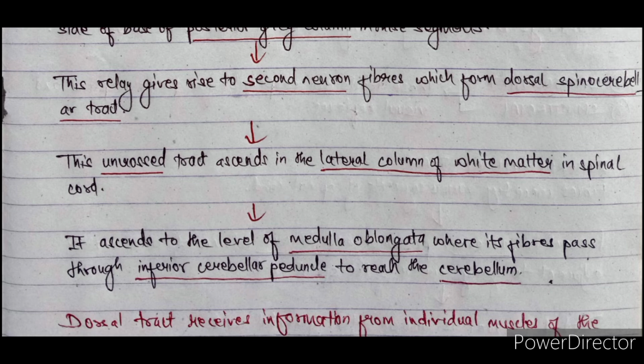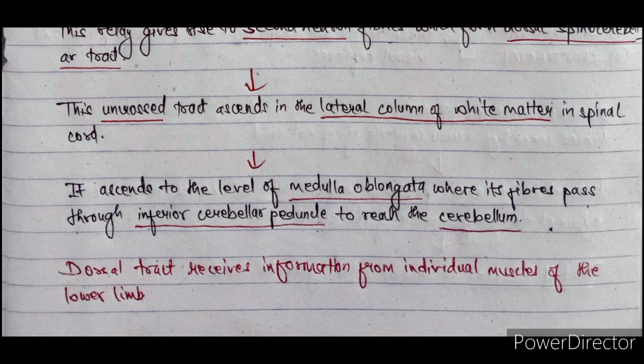Then it ascends to the level of medulla oblongata, where its fibers pass through the inferior cerebellar peduncle to reach finally the cerebellum. So the dorsal tract receives information from individual muscles of the lower limb.